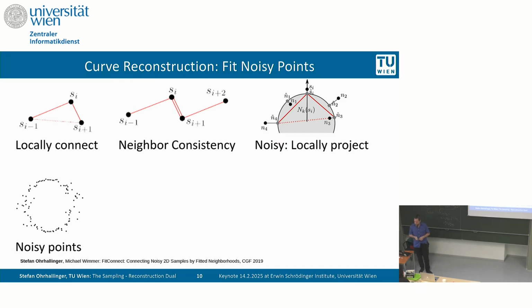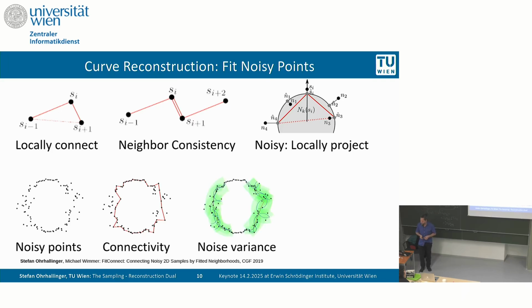So for the results, we have some noisy points. On the top and bottom, there is almost no noise. And left, right. We get the connectivity. It's the topology of a circle, but it doesn't look very nice. And from the fitted circles, fitted arcs here, we can also get the variance of the noise.